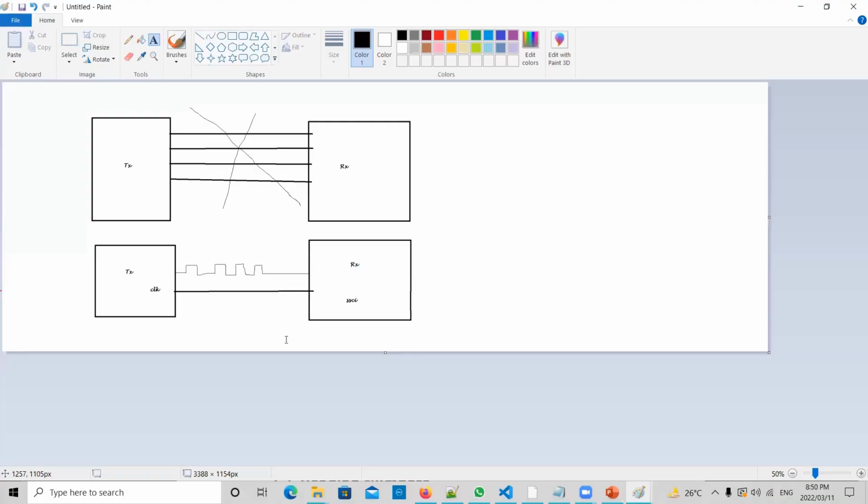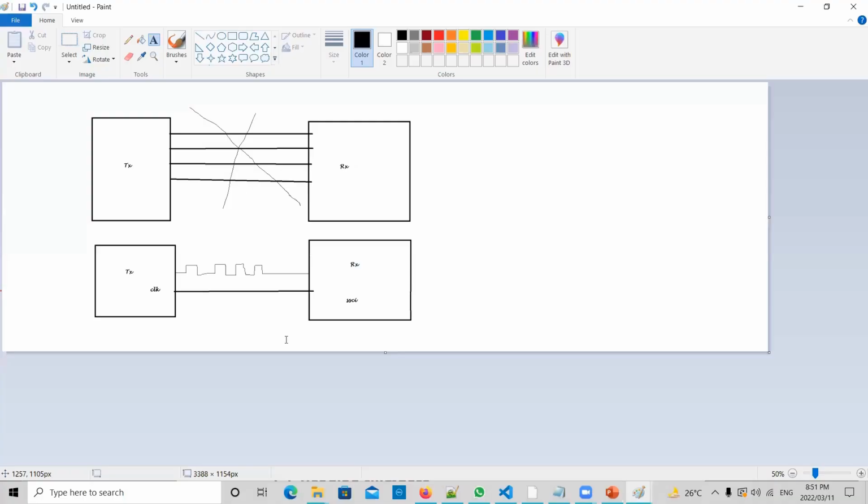After sending the start of frame, they will shift the bits one after another. The transmitter and receiver are synchronized with something called the baud rate. The rate at which I am going to transmit is known to both of them. The receiver will sample the incoming bits based on the baud rate. The moment the transmitter wants to end the communication, it will send the end of frame.